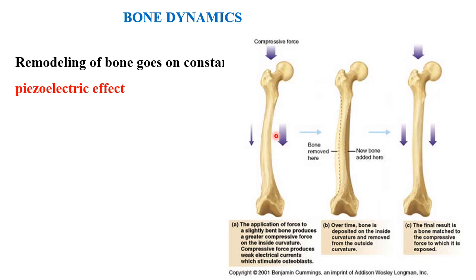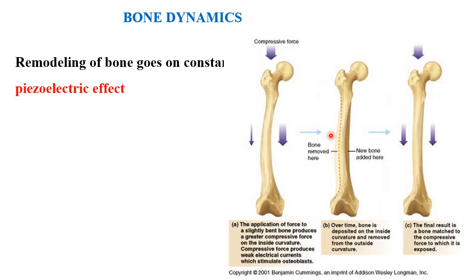Well, we know the bone is not a straight stick. It has a little bit of a curvature. So when you step on the bone, a part of the bone is going to get a little bit more tension than the other side of the bone. That is going to trigger remodeling of the bone to create new bone at the site where you need more support.